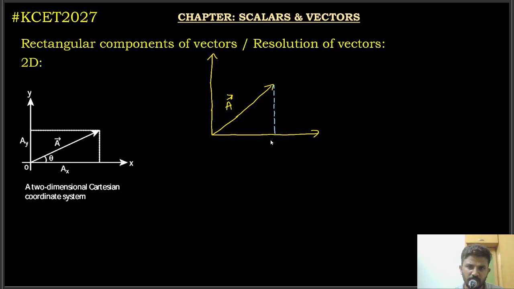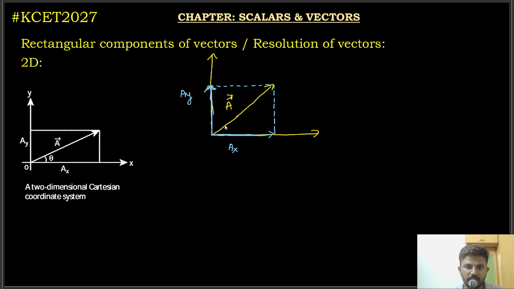So the effect of A on the x-axis will come till here. It's like a shadow. It's called the component of the vector along the x-axis, that is Ax, and the component of the vector along the y-axis is given by this vector, till here only. This is called vector Ay.